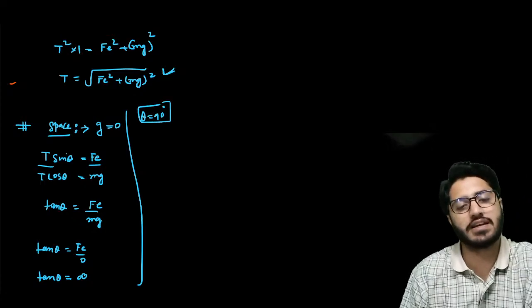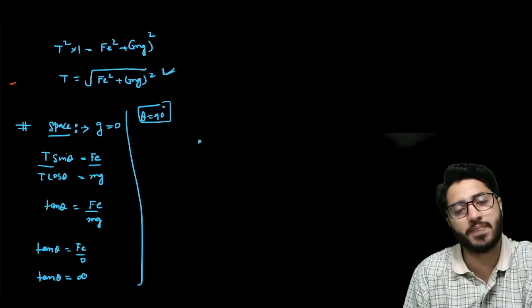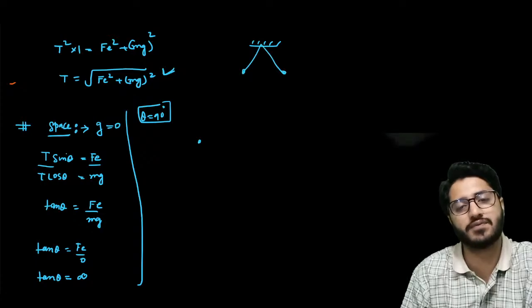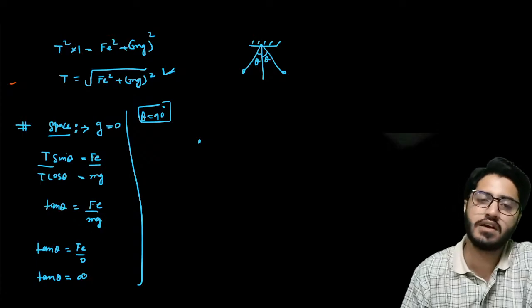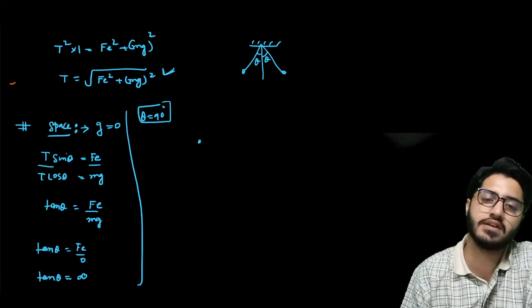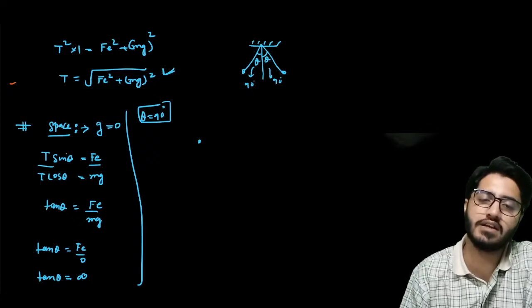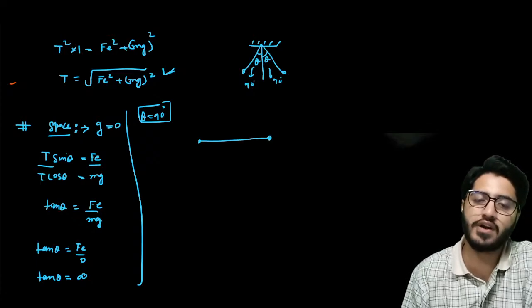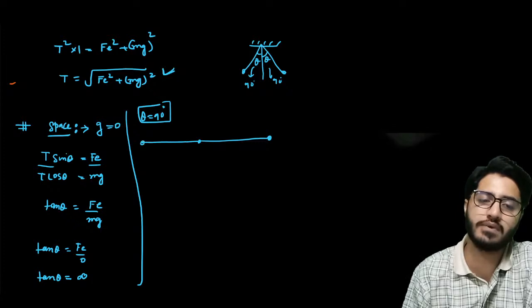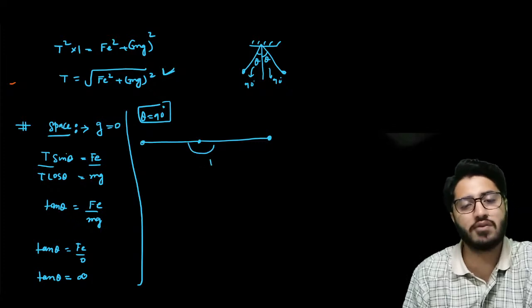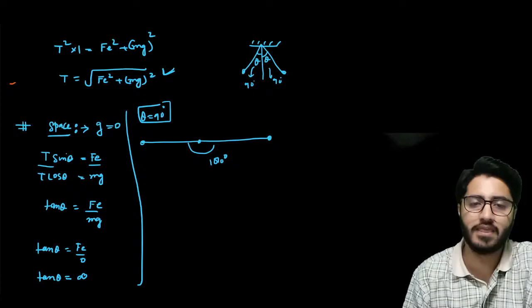So it simply indicates that if we are going in space, initially my pendulum is like this, theta and theta. Now if we take them into space, this theta will be 90, this will be 90. So one pendulum will be here, one will be here. So the total angle will be 180 degrees.